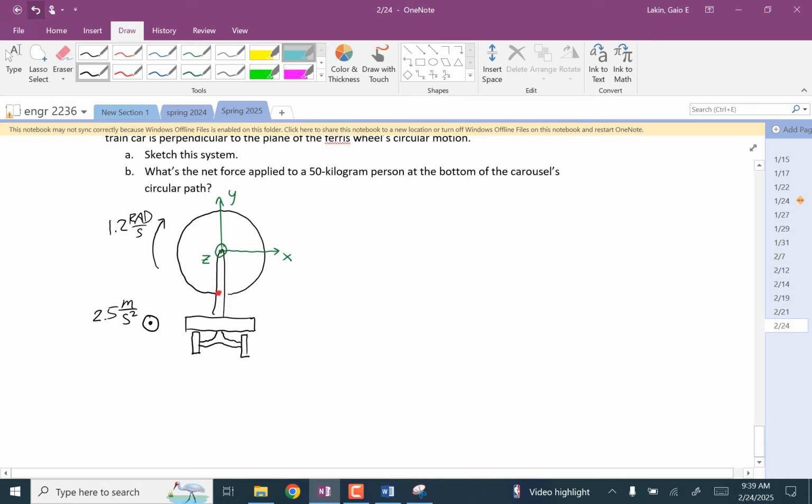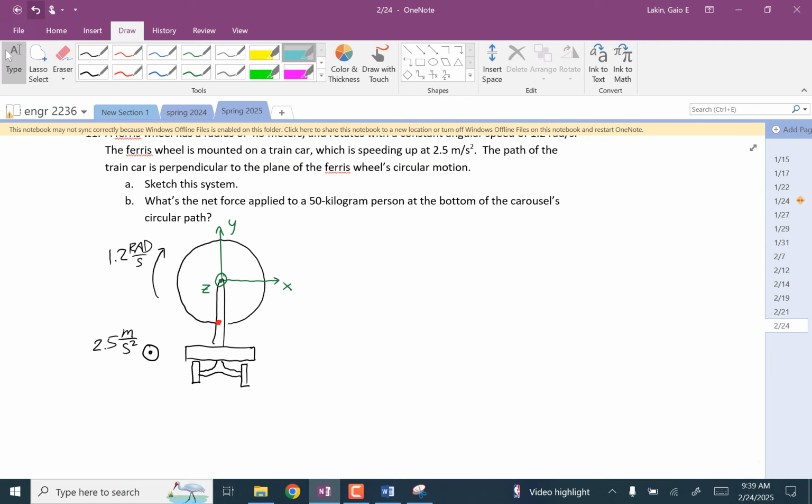So to calculate the acceleration, there's kind of 2 things we have to consider. We would use circular motion if our frame of reference is on this train car. If we have a camera mounted to this train car, then we just use circular motion to calculate the acceleration of that red dot.